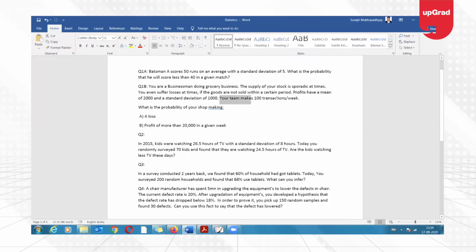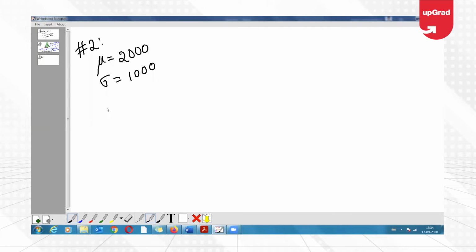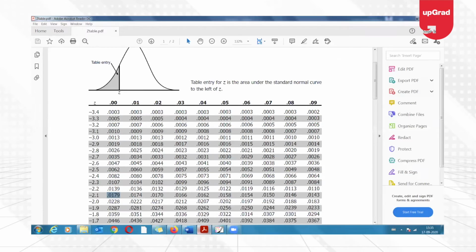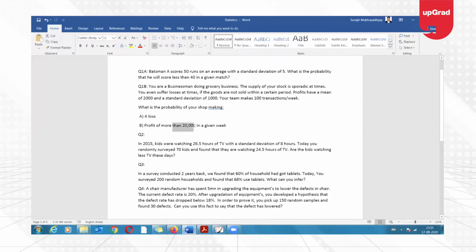So your team makes 100 transactions per week. Okay. Now the probability, what we need to find out, the probability that you make a loss and the probability that you make a profit greater than 20,000.